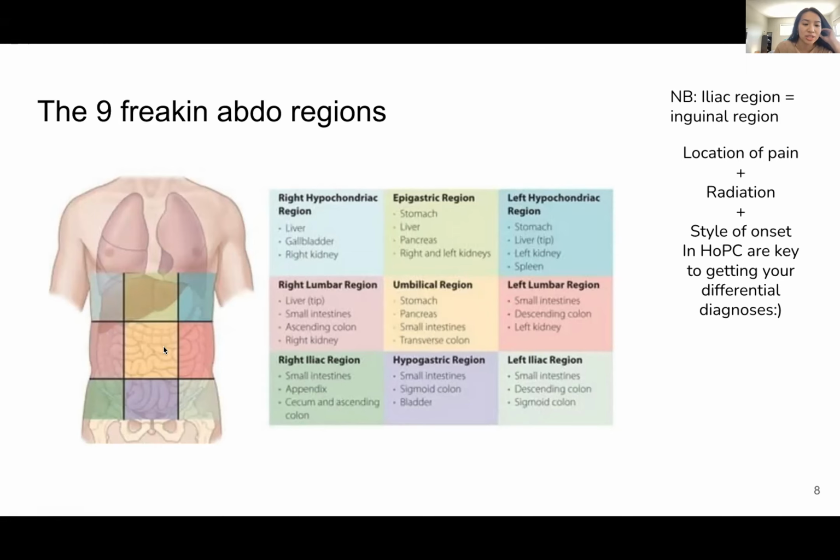In the umbilical region, usually think of appendicitis, if anything. Appendicitis starts as a vague pain in the central area, and then it migrates to the right. That's all to do with the embryology, which we'll talk about briefly later. Obviously there is a lot of intestine over there as well.